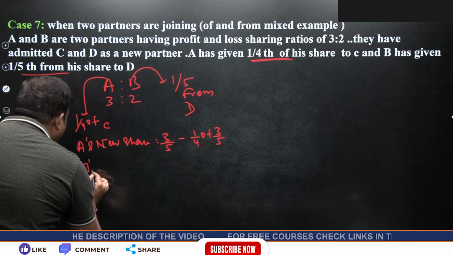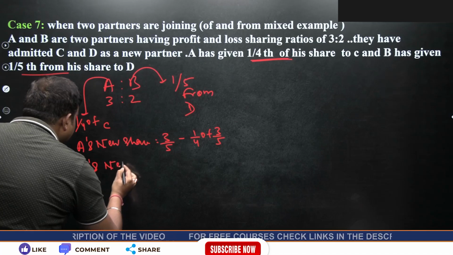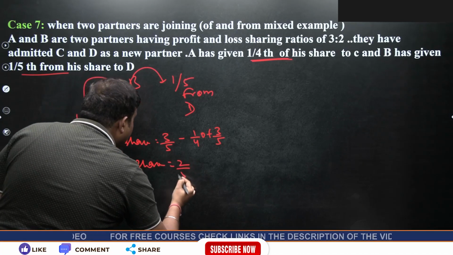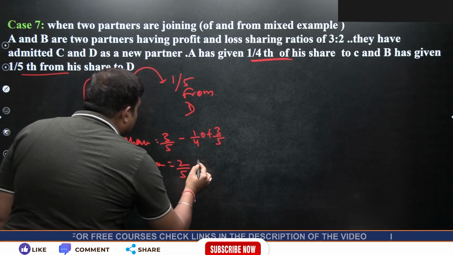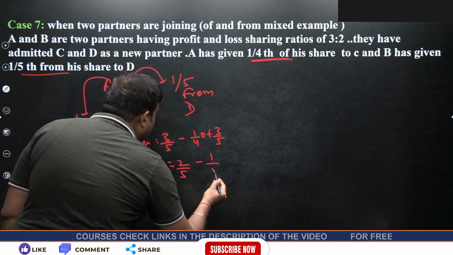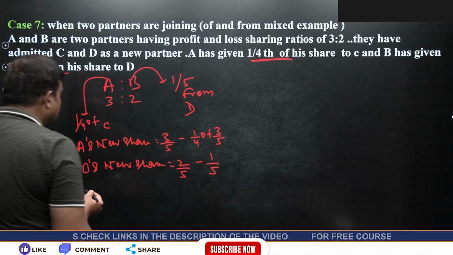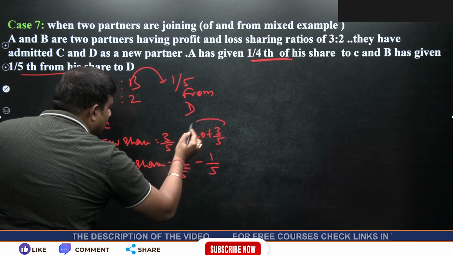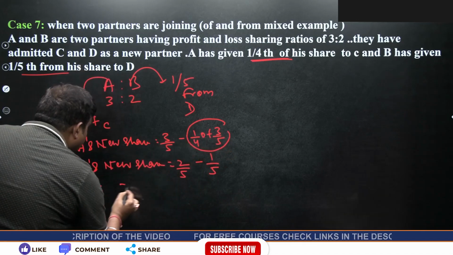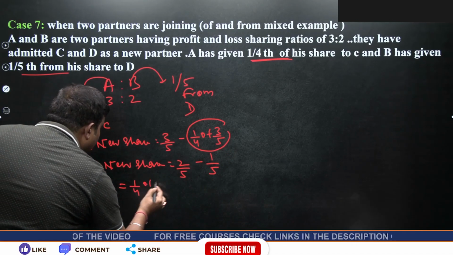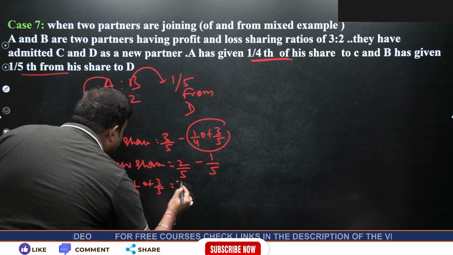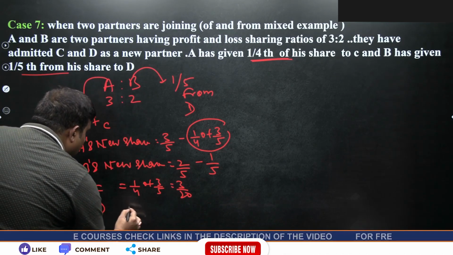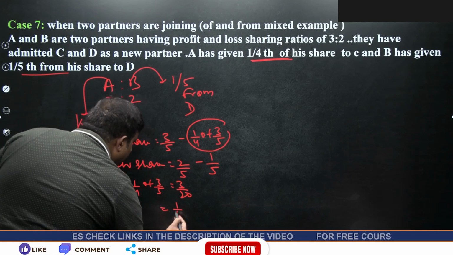If you talk about B's new share, that is 2 by 5, and he has contributed 1 by 5 to D. Now C's share is very simple, whatever he has received from A, that is his new share, that is 1/4 of 3 by 5. So that is 3 by 20. And D's share is 1 by 5 only.